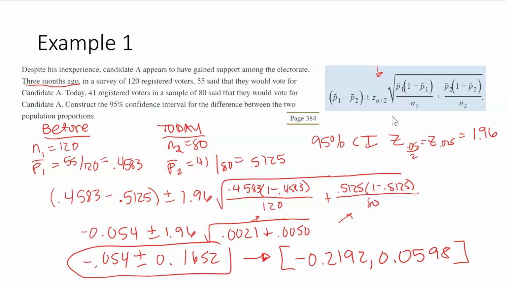So we're saying with 95% confidence, the percent change of support is going to be between negative 22% and 6%. With 95% confidence, we can say that the percent change falls between those values.